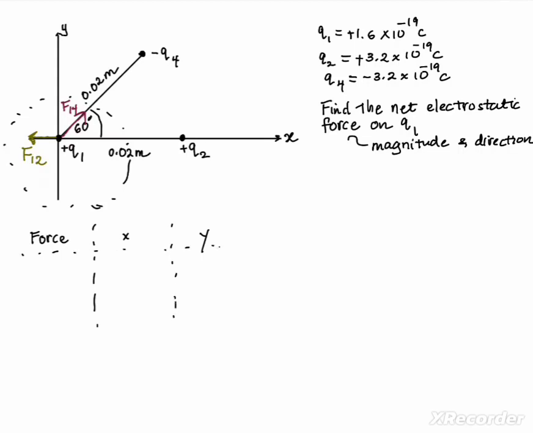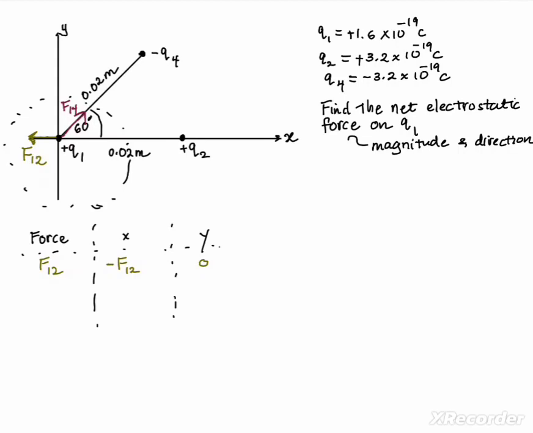We have F12, and the x component of F12, as you can see, is negative because it's in the negative direction. So I'm simply going to write negative F12. I'm not plugging in values yet. And what is the y component of F12? Because it is solely on the x-axis, there is no y component, so I write a 0.